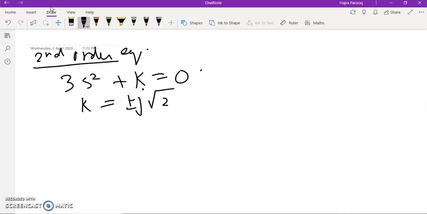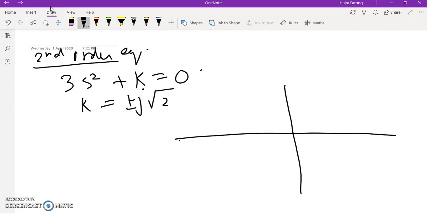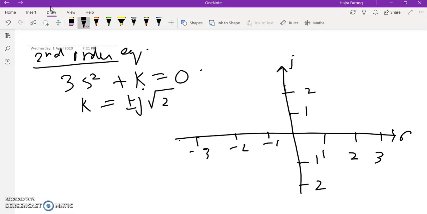Okay, now it's time for construction of your root locus. Since we had minus 1, minus 2, minus 3, and 1, 2, and 3, and here we have 1, 2, this is sigma, this is j omega.